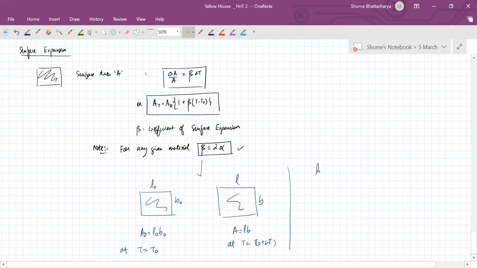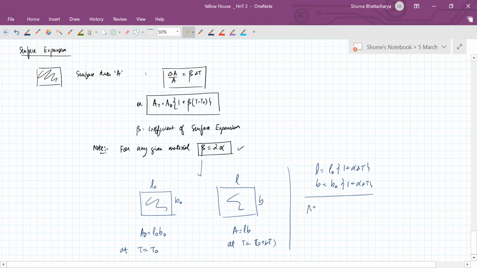You can see that L will be L naught 1 plus alpha delta t. The width will also expand according to the same value of alpha, because both length and width are linear dimensions.